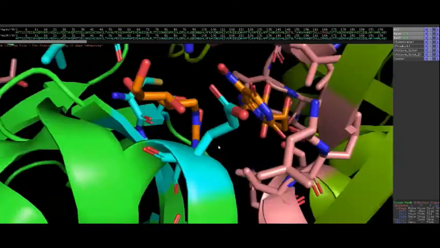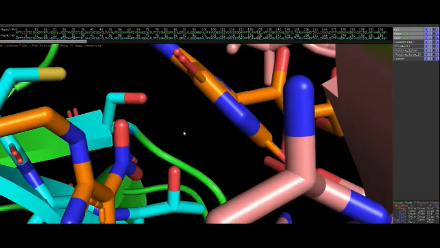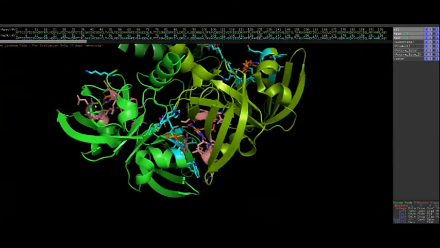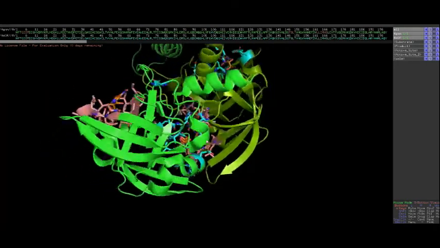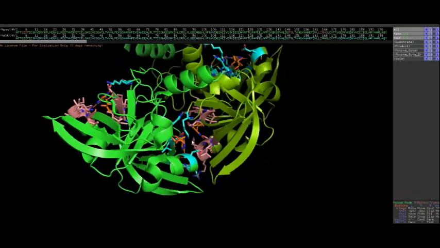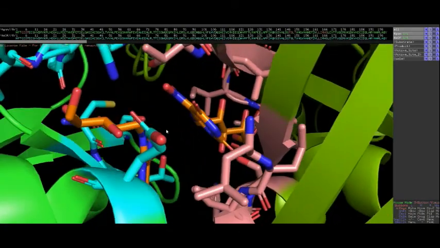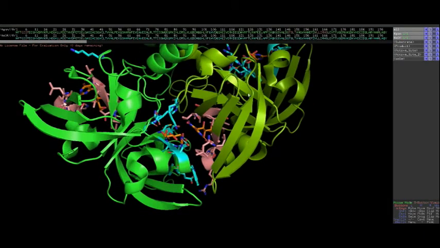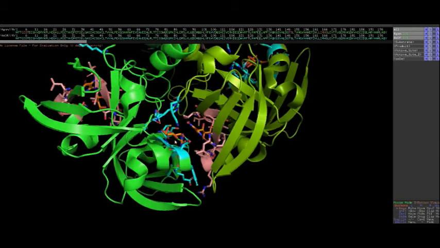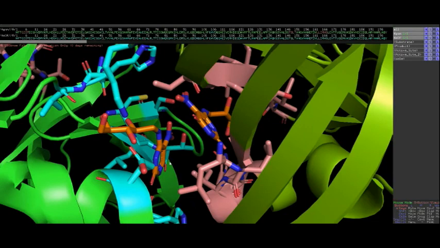We know they're analogs because these in orange here are single ring structures, but we know that our substrates in the actual protein are double ring structures. And we can see that one of them is brought in using this monomer right here, and the other one is brought in using this other one. And so the 2 are brought together at the monomer interface there.